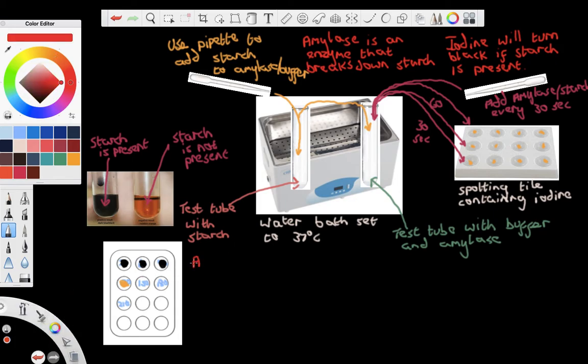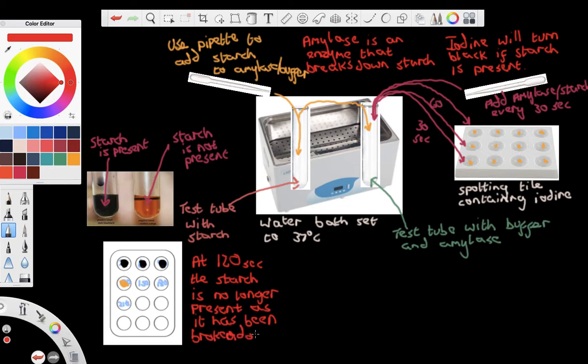So at 120 seconds, the starch is no longer present as it has been broken down by amylase.